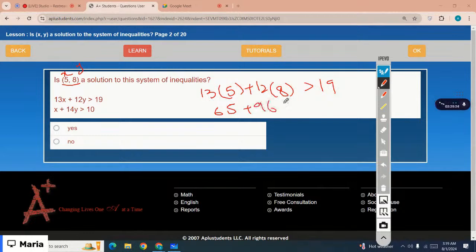Obviously, they are greater than 19, right? 161 is greater than 19. True, it is. Just check for the second equation. That is 5 plus 14 times 8, it is greater than 10. Yes, obviously that is also greater than 10. Both the equations are true, so that means 5, 8 is the solution of the inequalities. That is the correct option.